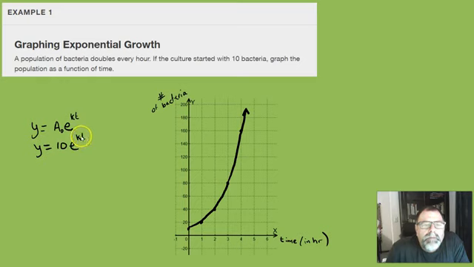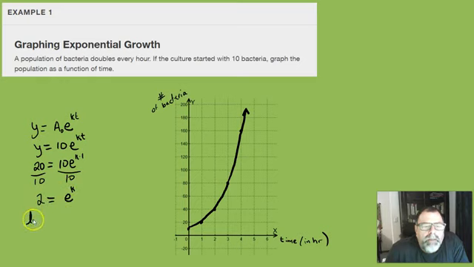Now let's put in 20 at time 1: 20 equals 10 e to the k times 1. So we're going to divide by 10. So 2 equals e to the k.